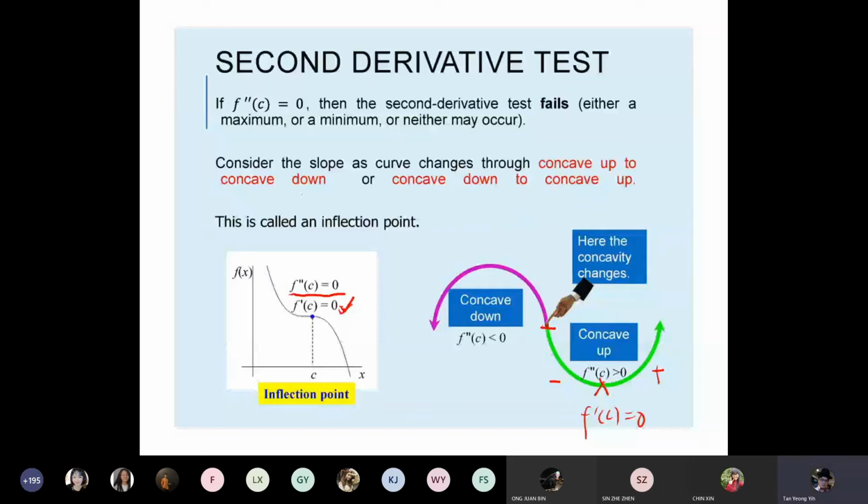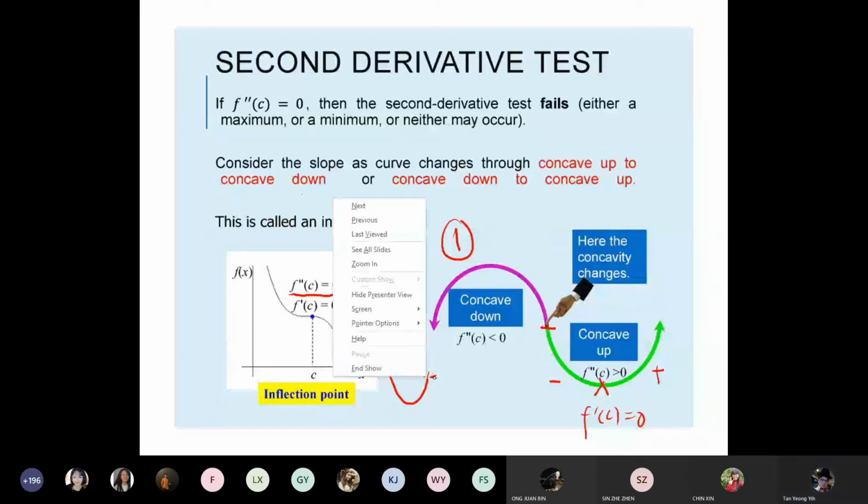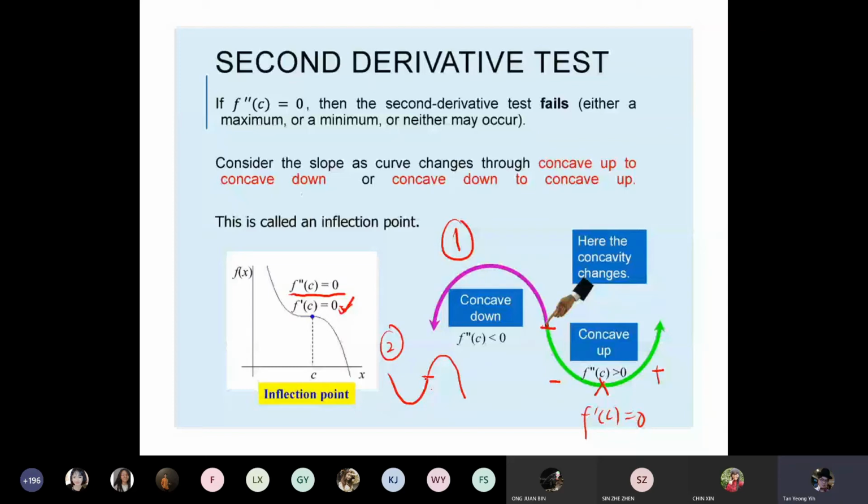Another type is like this. Concave up, after this point concave down. So this is also an inflection point. It's actually the opposite of this, we just flip.